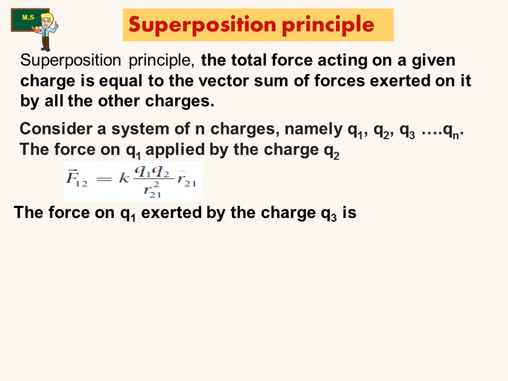Now the force on q1 exerted by the charge q3: F13, as I told you earlier, F13 is not thirteen, it is because of the charge q1 exerted by the charge q3. So it is equal to k into q1 q3 divided by R31 square into R31 cap.